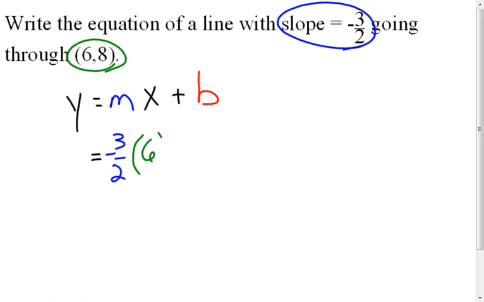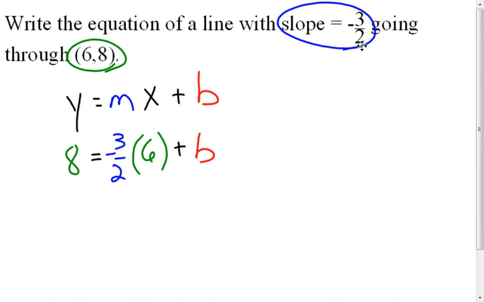My x value is 6, my y value is 8, and now the only variable that I have left is b. So if I could solve this for b, well, then I have my slope and I have my y-intercept.